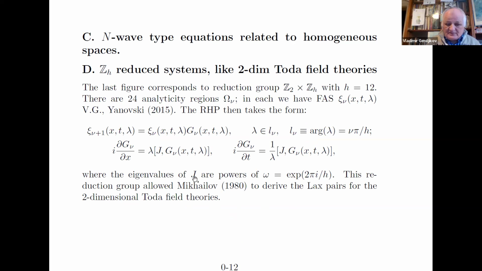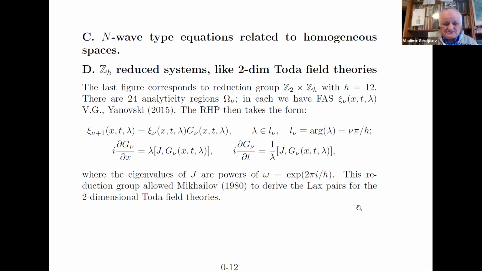Okay, here we are not on a symmetric space. A symmetric space does not allow such a reduction. But J is a diagonal matrix that consists of the powers of omega, which is a root of order h of 1.